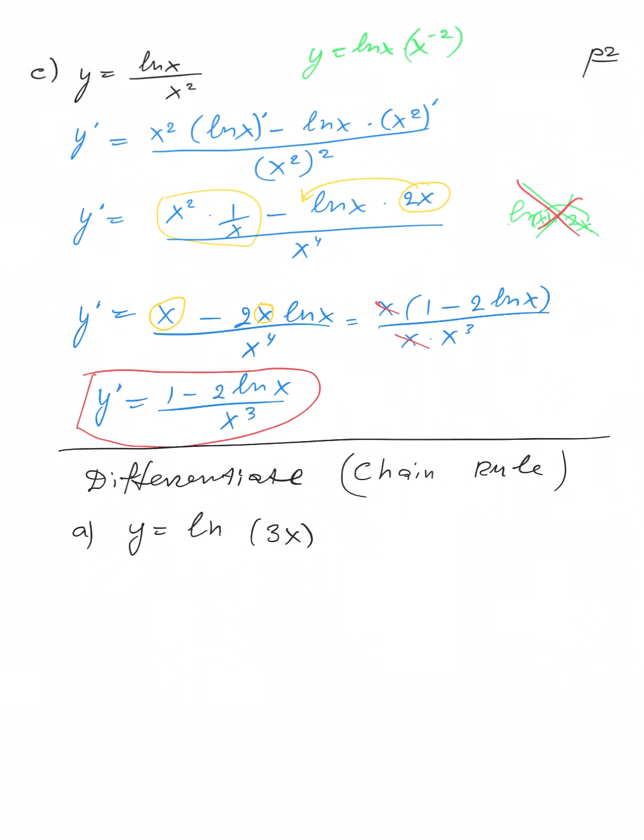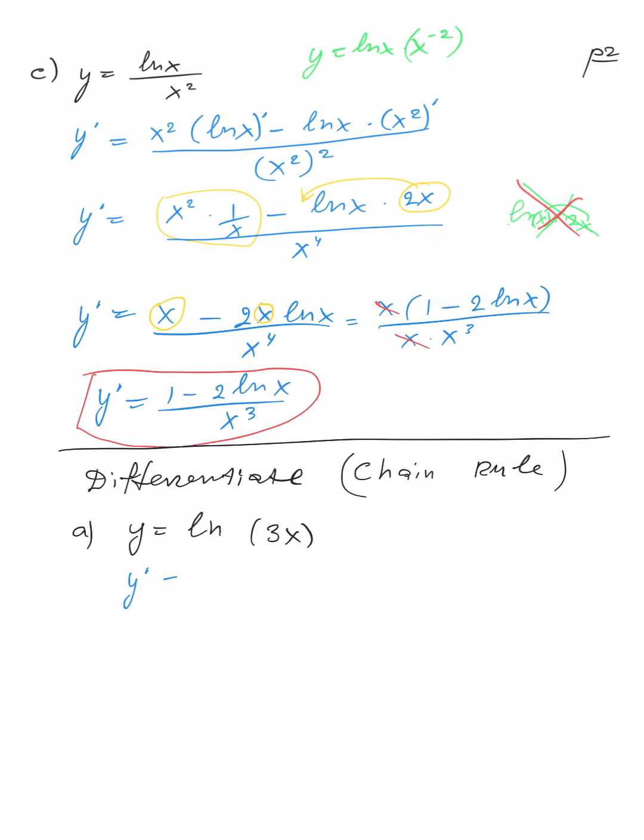We need to differentiate y equals ln of 3x. This is where you apply chain rule. Just remember that we have not just variable x, we have something along with it.